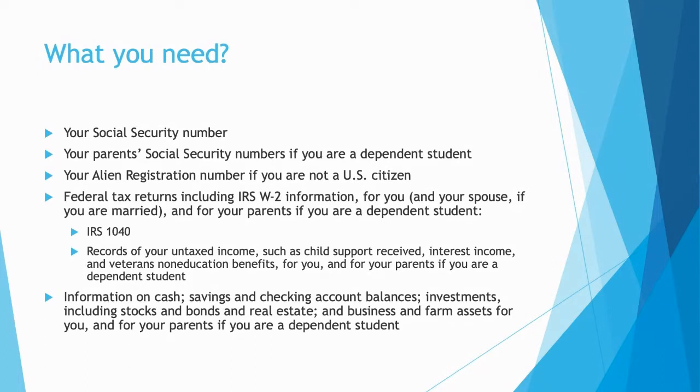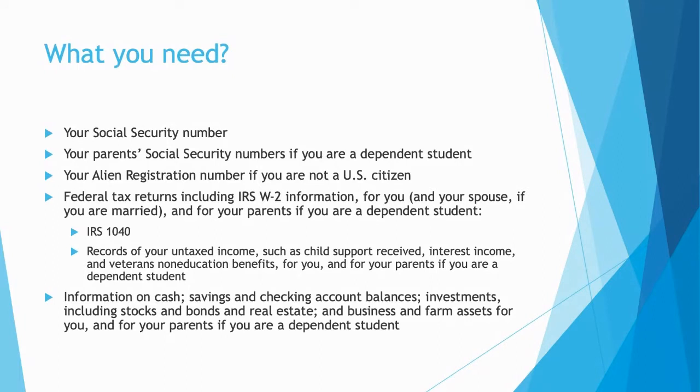You're going to want to have access to your federal income tax returns, both for you and your spouse if you're a married individual, or again, if you're a dependent student, you will need yours and your parents' tax information. Most information that is asked on the FAFSA comes from the 1040 page of your taxes.